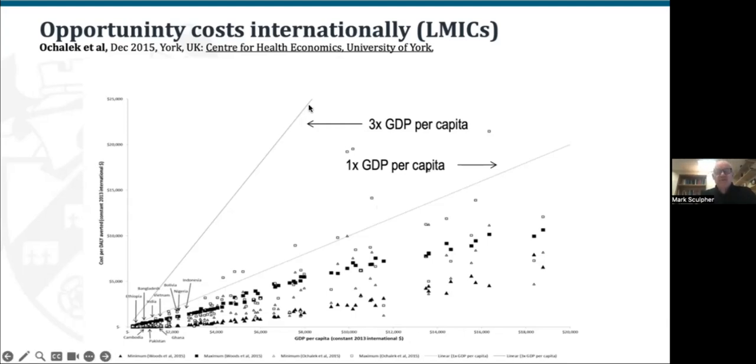And just to show how these relate to countries' GDP per capita, you can see that most of those countries have measures of marginal productivity below 1 times GDP per capita. And you can see actually Bangladesh is down there as well amongst this group.